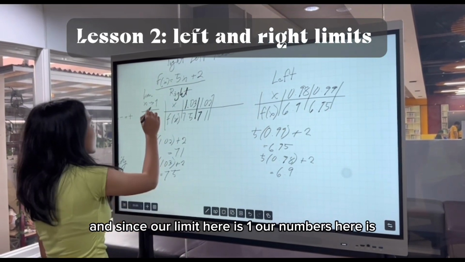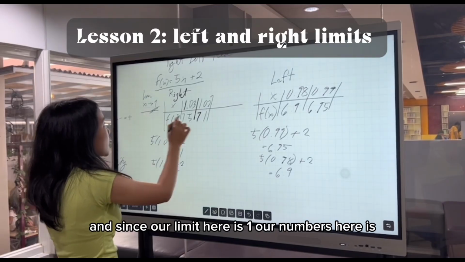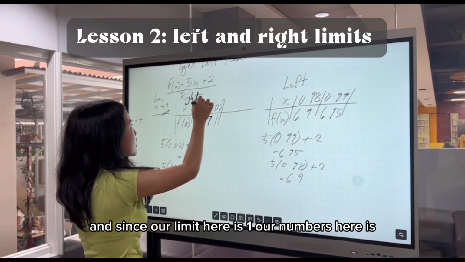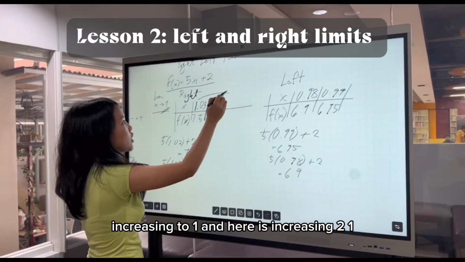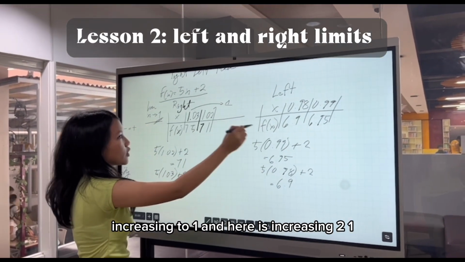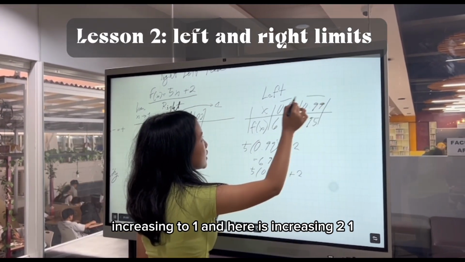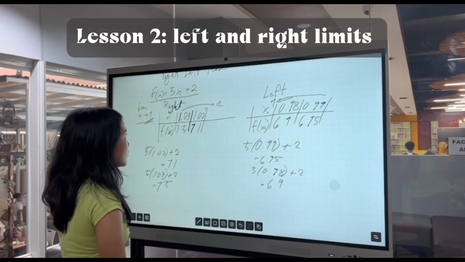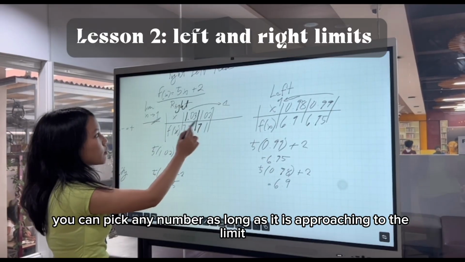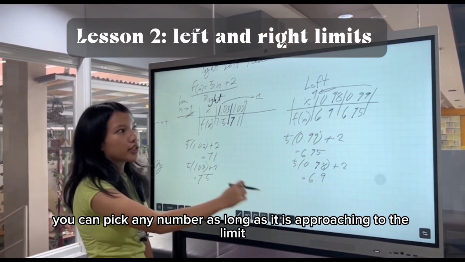And since our limit here is 1, our numbers here are decreasing to 1, and here are increasing to 1. You can pick any number as long as it is approaching the limit.